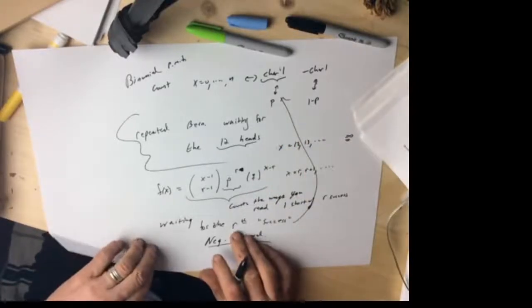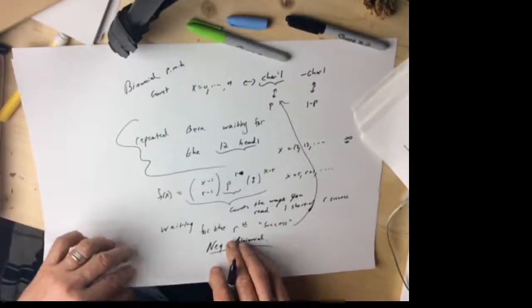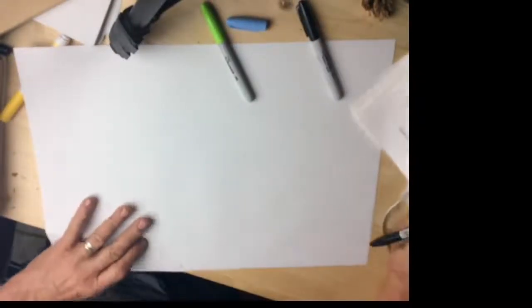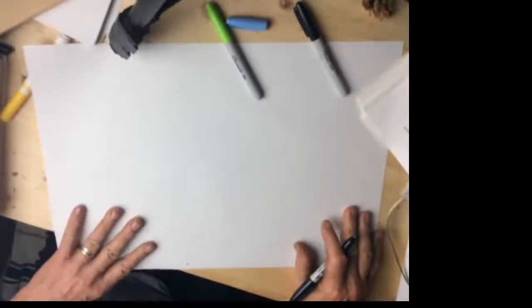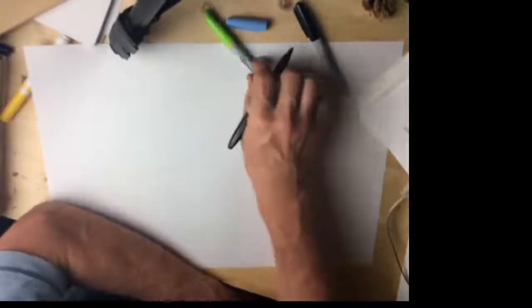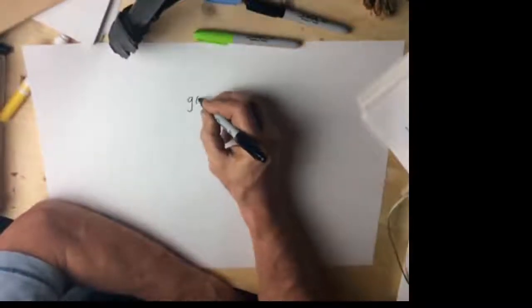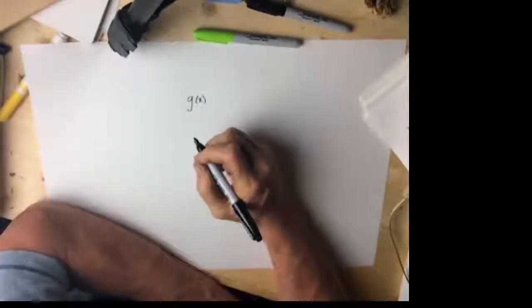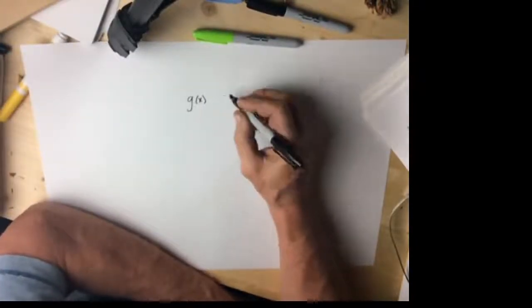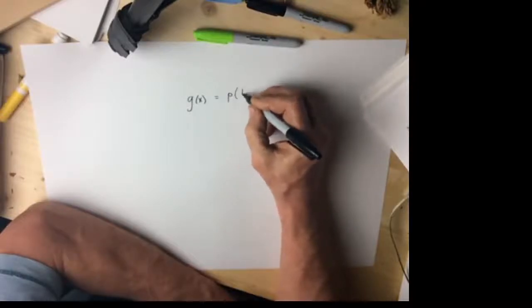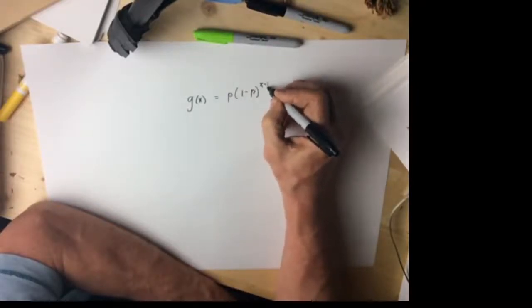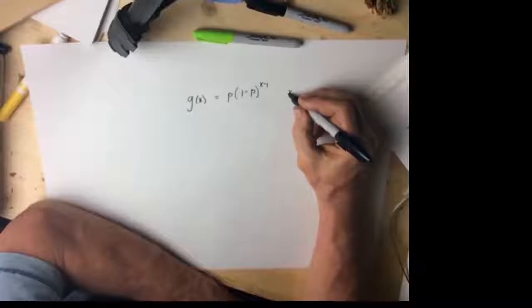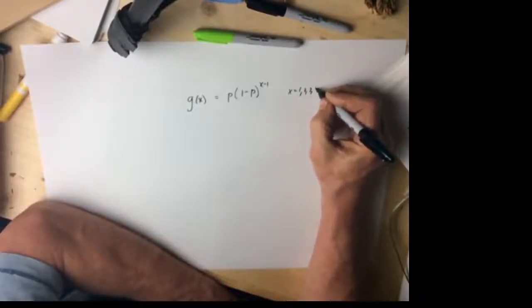All right. Well, since we're doing all these neat distributions, we should point out that for the negative binomial distribution, if we set r equal to 1, it looks like this.